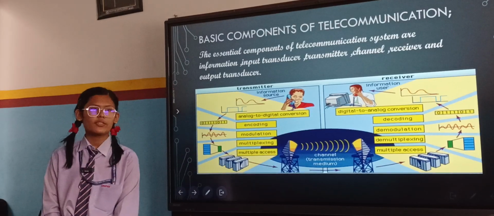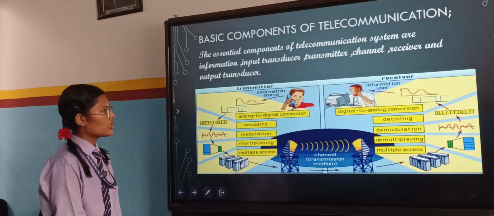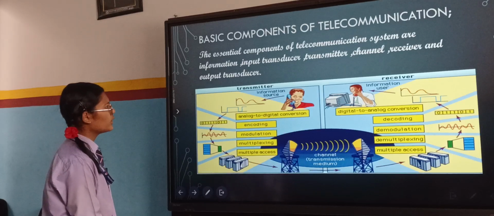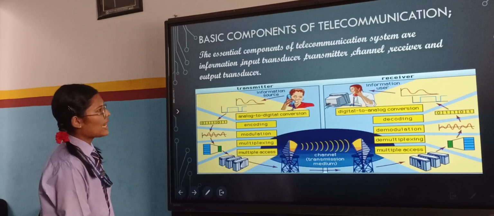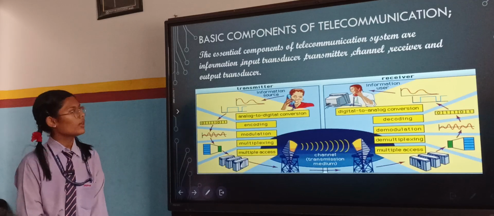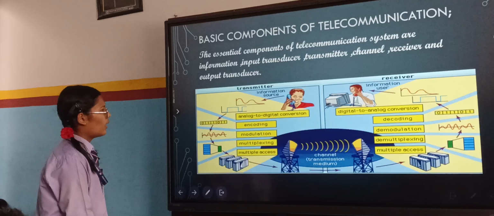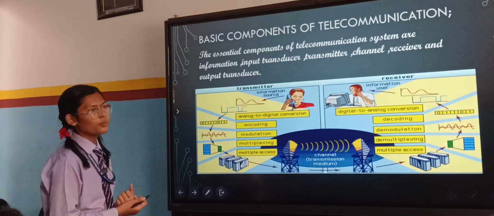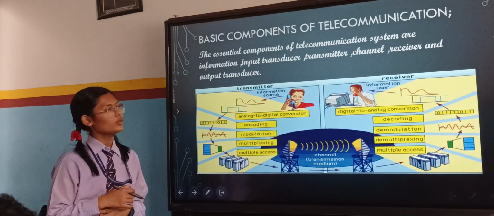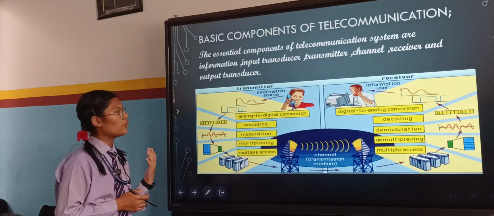Basic components of telecommunication. The essential components of a telecommunication system are information input transducer, transmitter, channel, receiver, and output transducer. In telecommunication, there are various essential components which are important to proceed with telecommunication. Here is a figure of it.